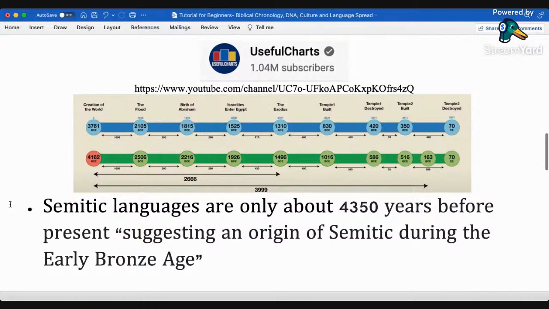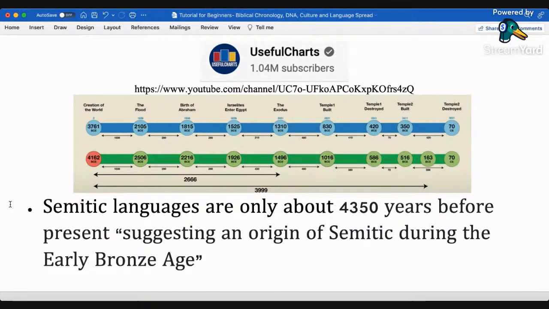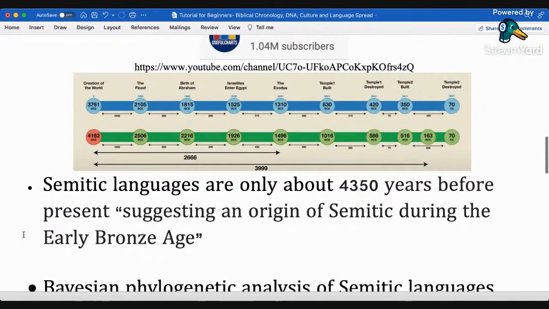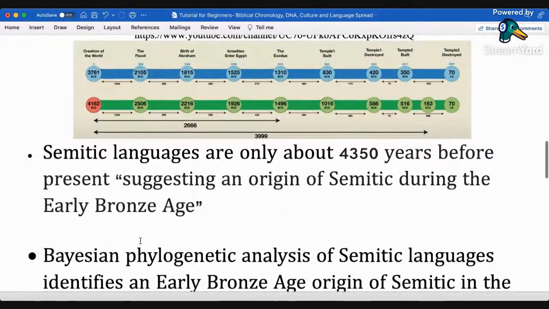And so the Semitic language wouldn't have come before the flood, obviously, because Shem was part of the flood. So it would have come after the flood because the concept of Semitic, or descendants of Shem, or Semites, is based off of Shem. So Semitic languages are only about 4,350 years before present, suggesting an origin of Semitic during the early Bronze Age.